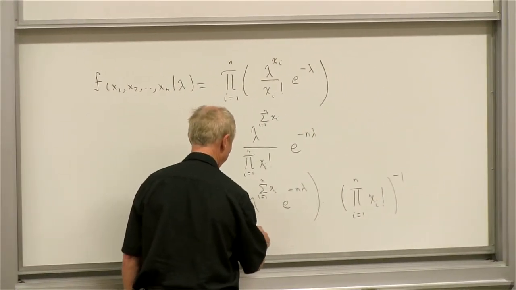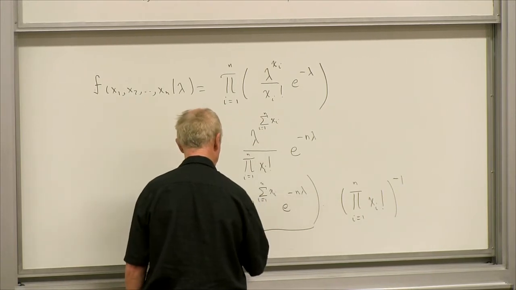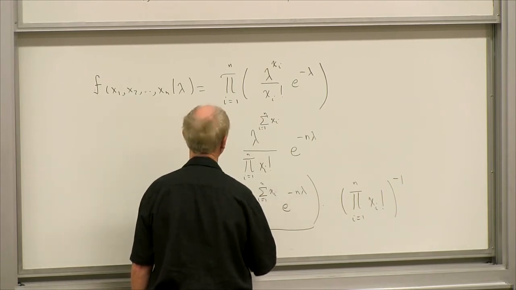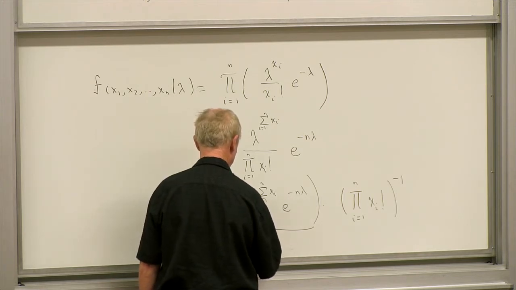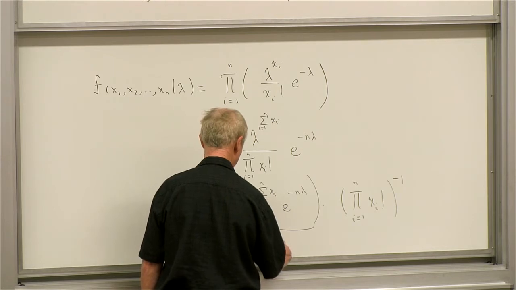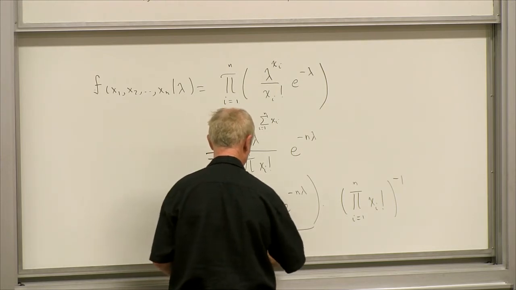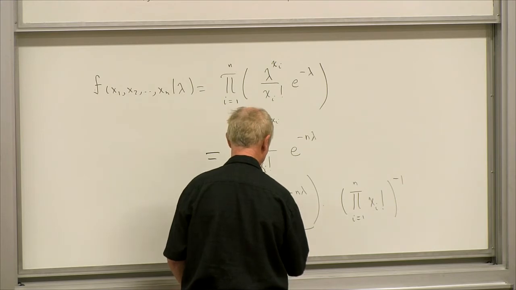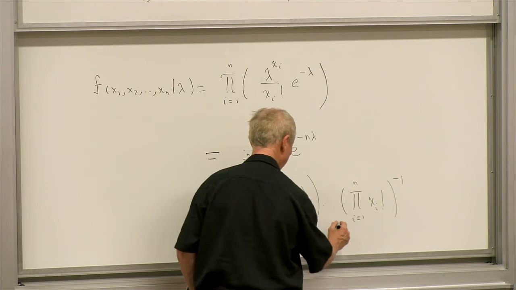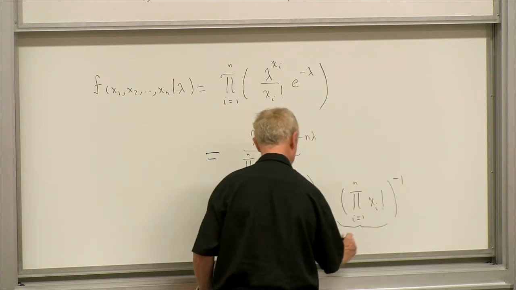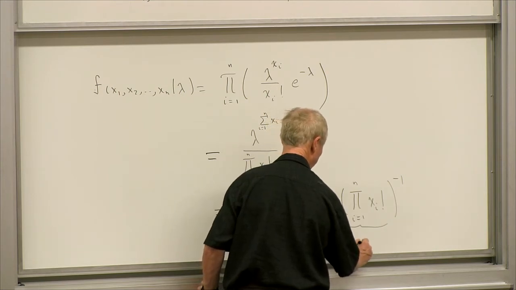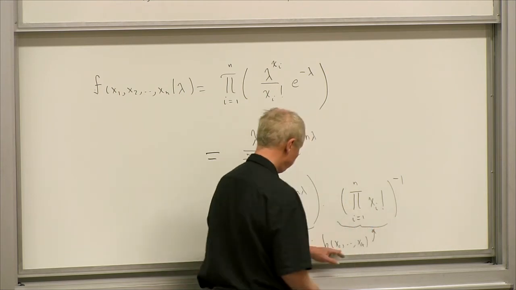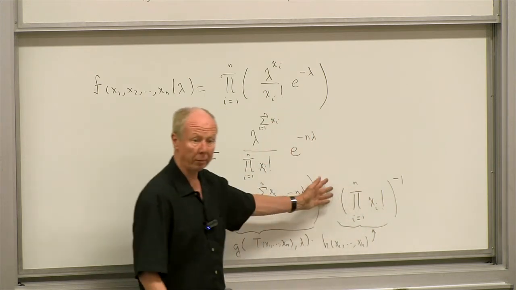This part is what? That's the g of, I guess, n times t. But it would be g of t, since a function of n times t is also a function of t. So this part is the g, and this part is the h. Then see this h part has no lambda dependence.